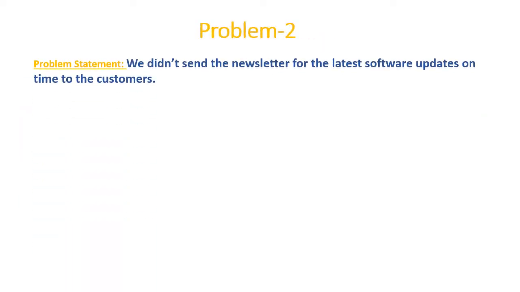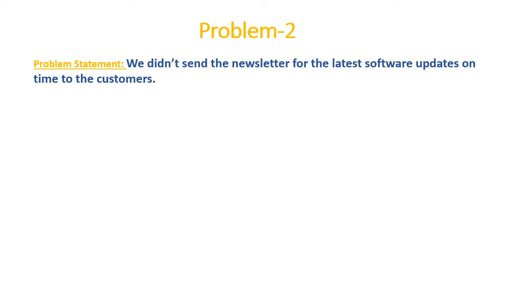What is the problem statement? One thing you should remember is that you should write the problem statement very correctly, because if your problem statement is not correct, then you will not reach the right conclusion. So you should phrase the problem statement correctly. In the second problem, we have a software company which produces software, and every time it finds some bugs it updates its version. When the software is updated, it sends a newsletter to its customers.